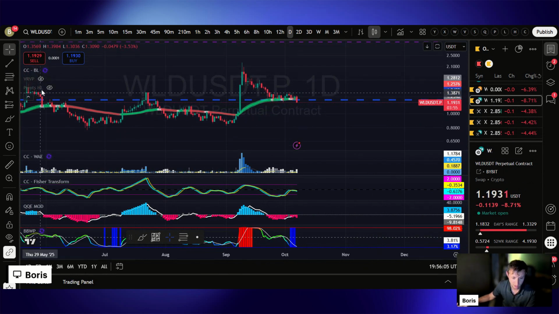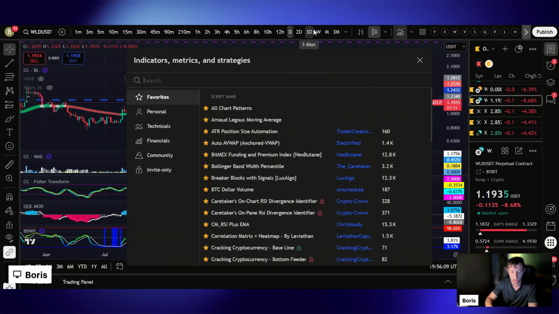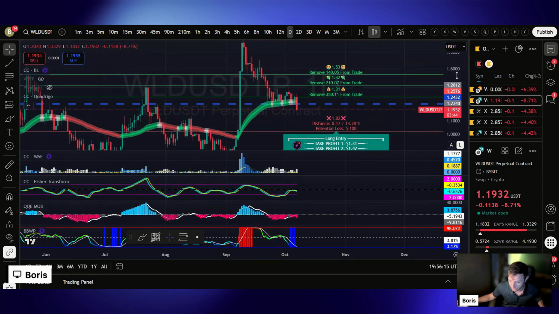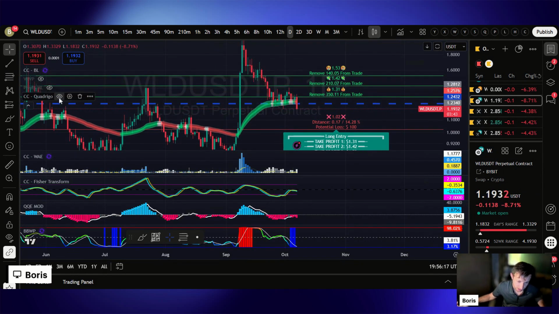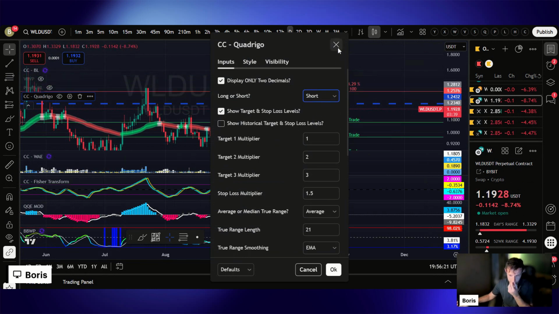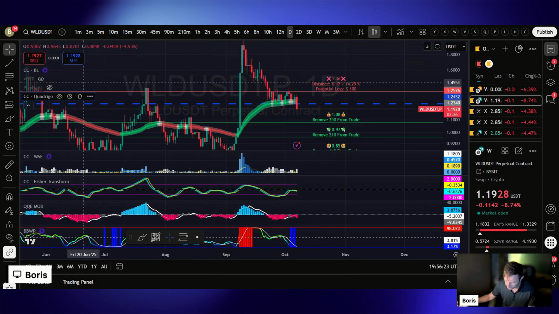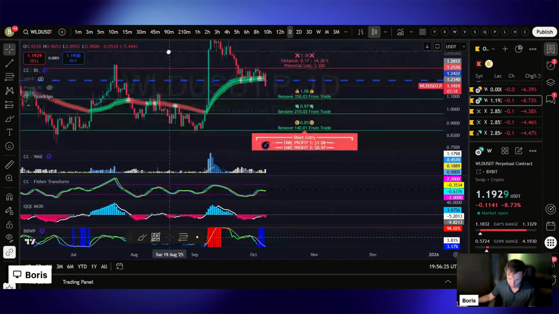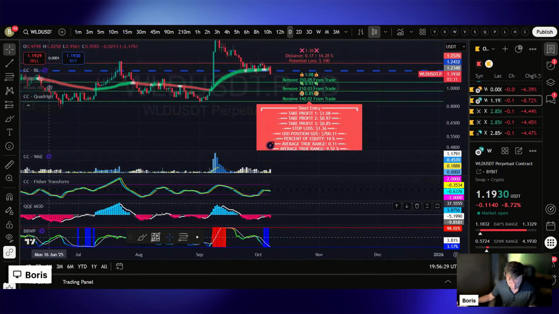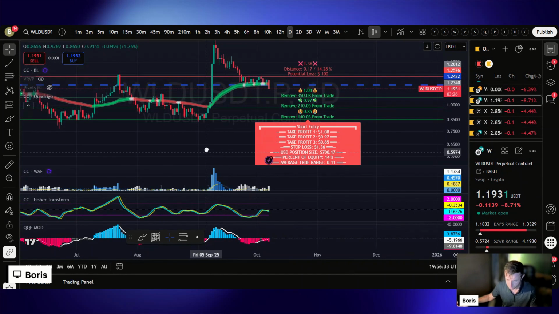Now let's also take a look at what would be our take profit targets. As you guys know, I like to use an ATR-based stop and target system. ATR stands for average true range, and it measures the average volatility of an asset. Let me get rid of some of these indicators right here.